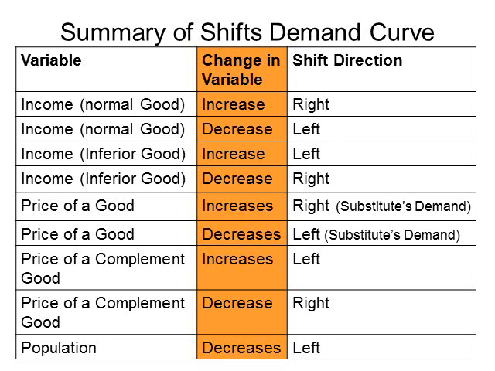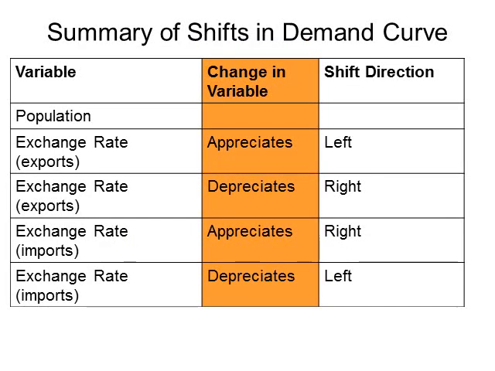The middle column tells us how the variable in the first column changes. For example, if the problem says that incomes have increased, we need to find income in the variable column and then move to the middle column, change in variable, to find the word increase. For the variables that deal with exchange rate, notice the words increases and decreases are replaced with the words appreciates and depreciates.